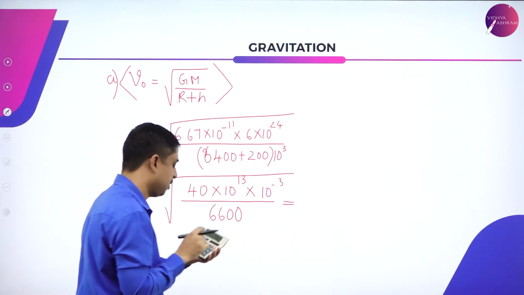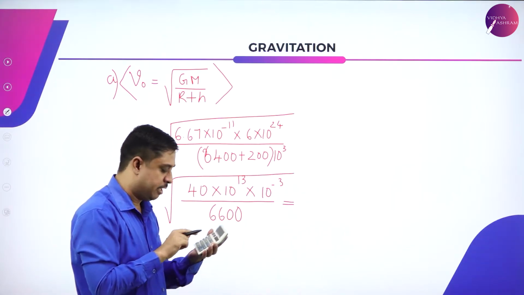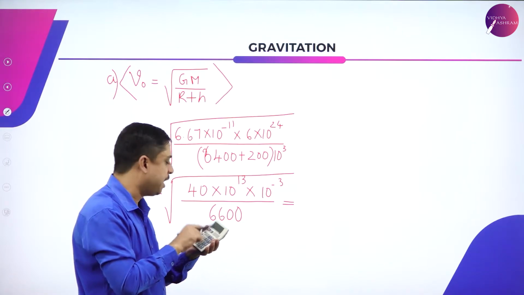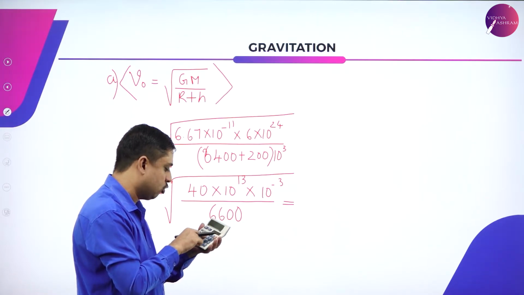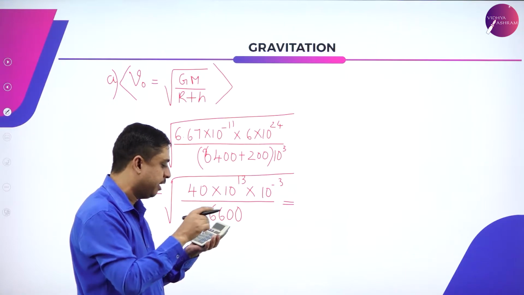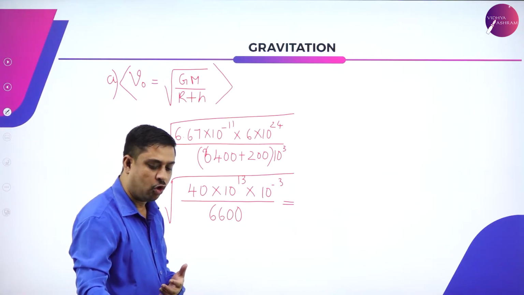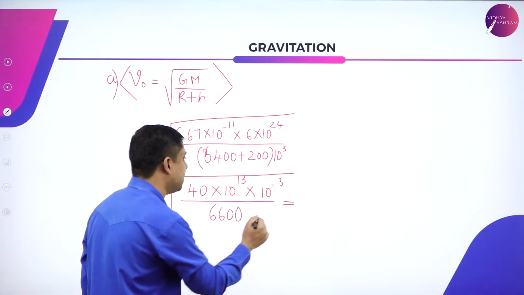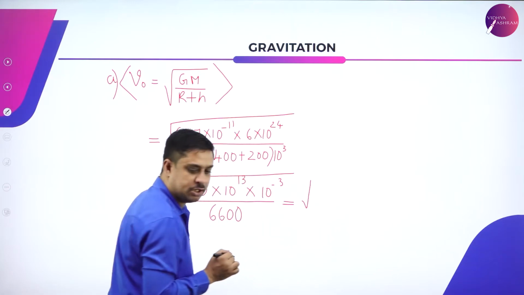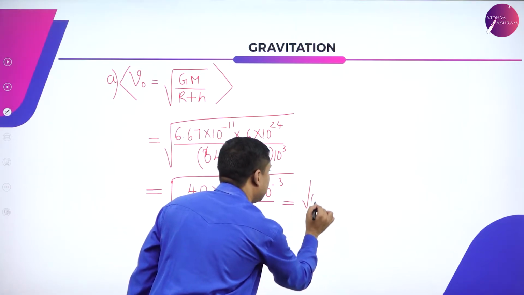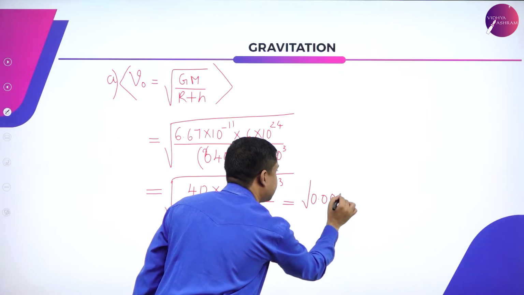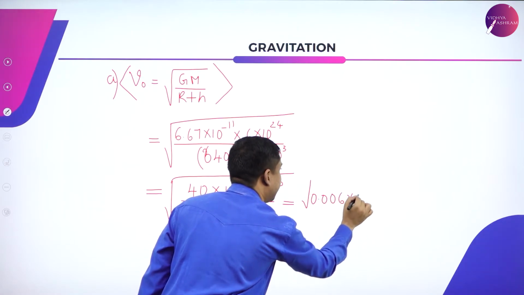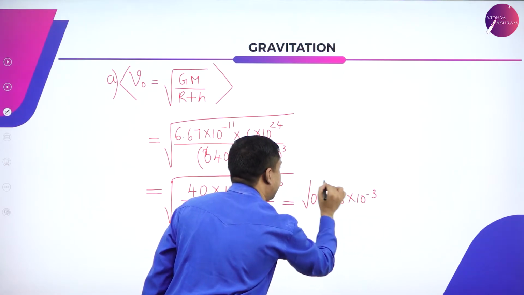So this is 40 divided by 6,600. So this is root 0.006 into 10 power minus 3.